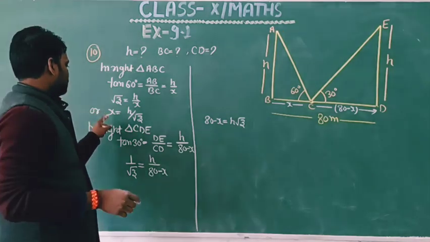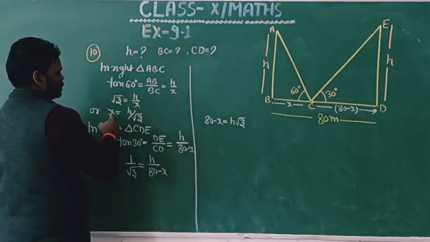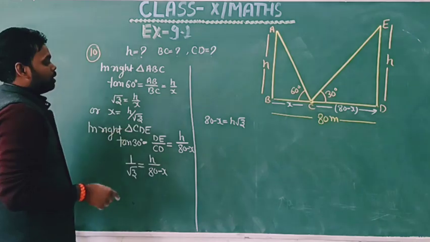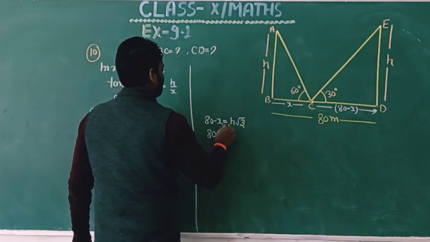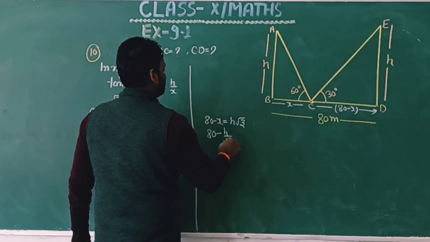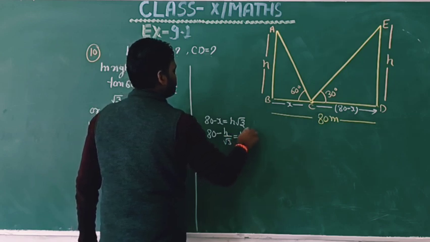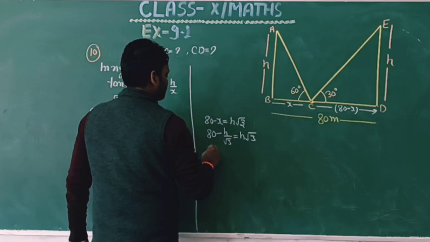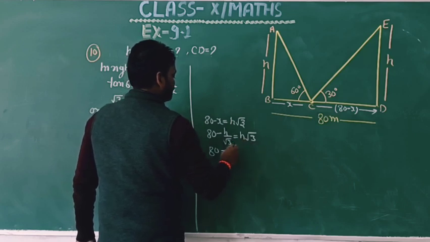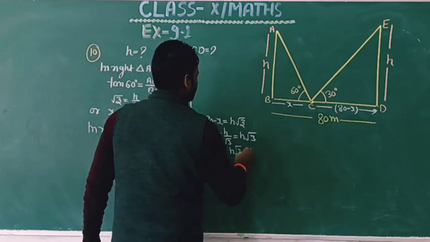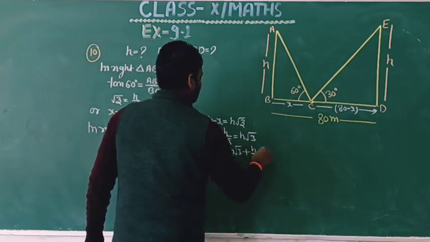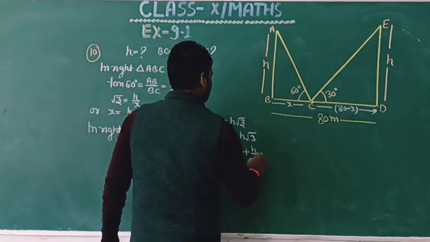Okay, so substituting the value of X, H upon root 3, over here. So this becomes 80 minus H upon root 3 equal to H root 3, and 80 equal to H root 3 plus H upon root 3 on the right side. So it becomes H by root 3.